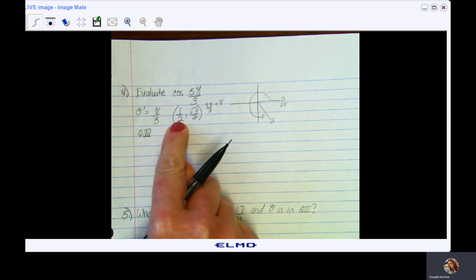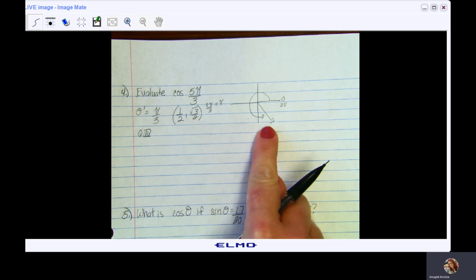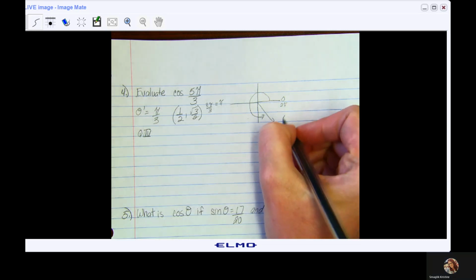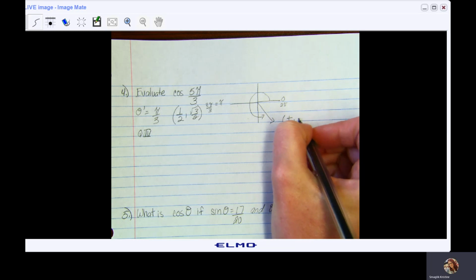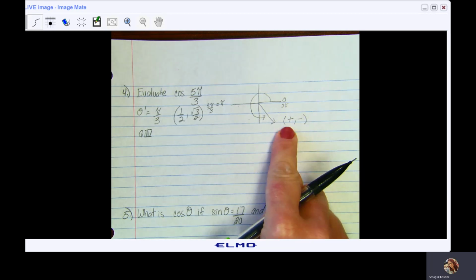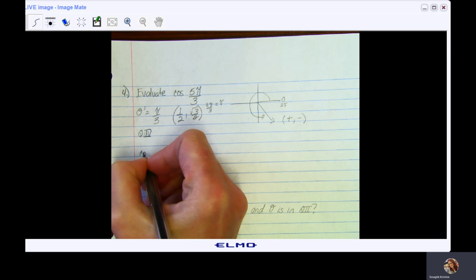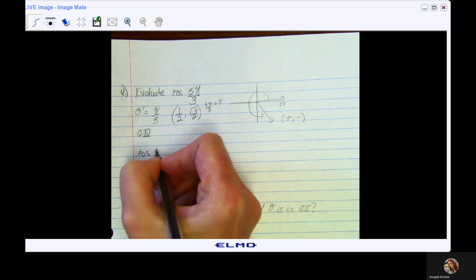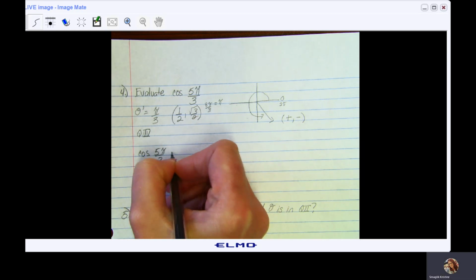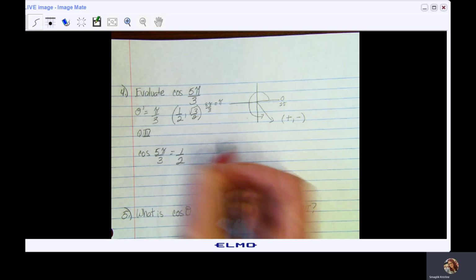Cosine is what I'm after, but I need to determine what the sign should be. Well, if I'm in quadrant 4, cosine is positive, sine is negative. So that means cosine of 5 pi over 3 equals 1/2.